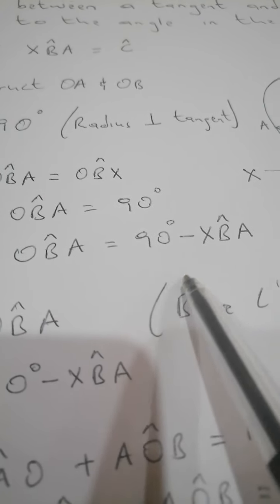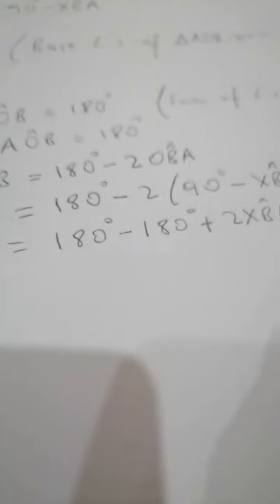Now we just substitute. So 180 degrees minus 2 into, remember that angle OBA is 90 degrees minus angle XBA. So we write 90 degrees minus angle XBA. This comes to 180 degrees, negative times positive, negative 180 degrees, negative times negative, positive 2 times angle XBA, right?